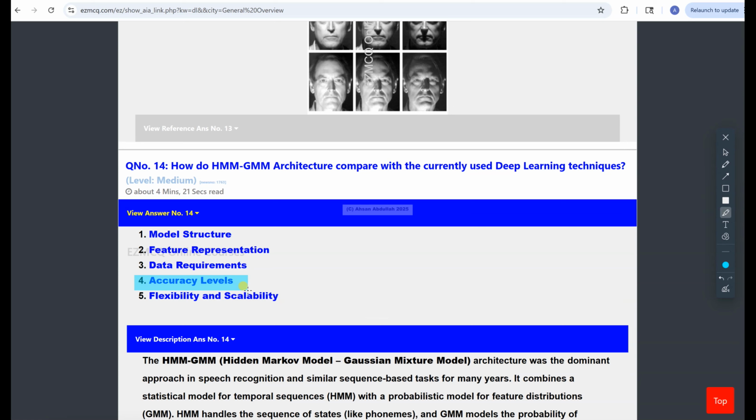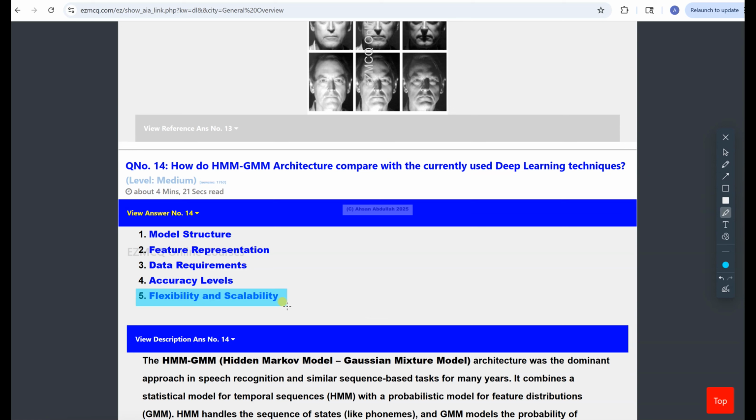And finally, there is the flexibility and the scalability. These deep learning architectures are highly flexible and highly scalable. You just keep on adding the hardware, and they can adapt to various tasks by modifying the layers or by using different training regimes.